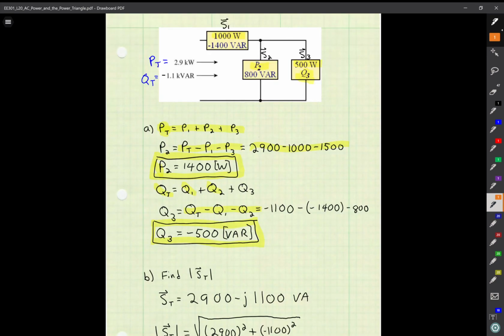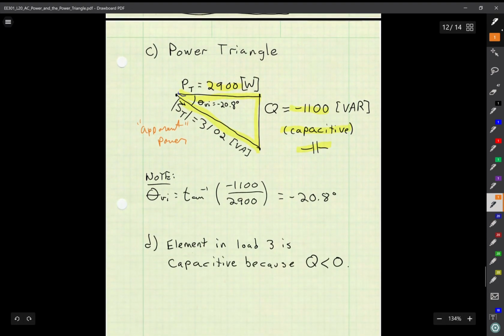Now it becomes very useful in solving these problems of complex power, because all those values in the rectangular coordinate system and the polar coordinate system have meaning: real power, reactive power, apparent power, power factor angle. All of those can be found by just multiplying a complex phasor voltage and a complex phasor current together, and I get the complex value. I get all the information that I need in one calculation.